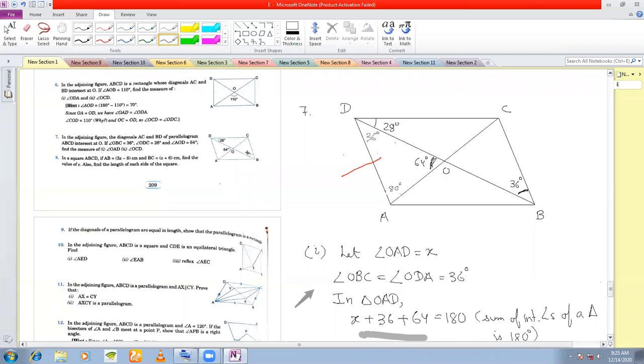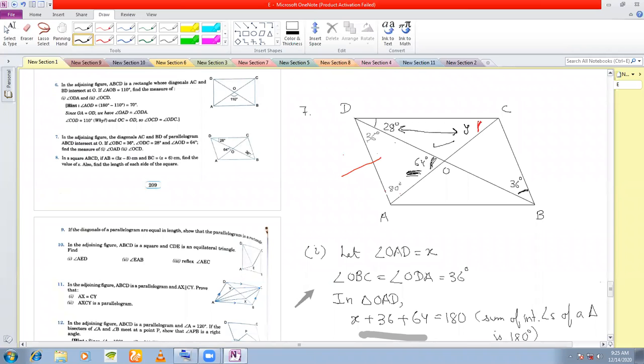Angle OCD. So let's see which angle is OCD. This angle is your OCD. Let's see how to find out this angle. Now see here that this angle here, if I take this angle as y, this y and 28 are actually interior opposite angles to this angle. This angle is the exterior angle of this triangle.